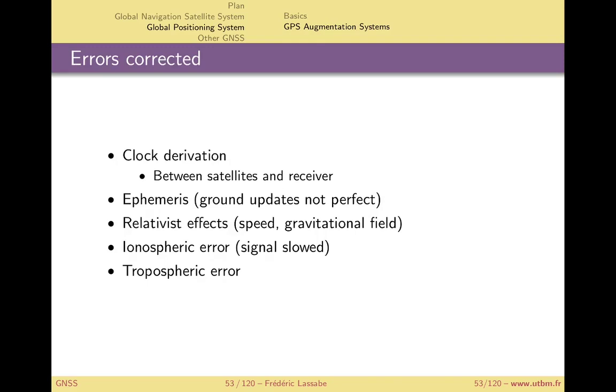So the errors that can be corrected are clock derivation, because, of course, the scrambling of the clock digits mainly affects the clock derivation. The ephemeris, since the ground updates are not perfect and they are not permanent, so every 2 hours you have one update, so after 1 hour and 59 minutes you have the lowest precision in the ephemeris.